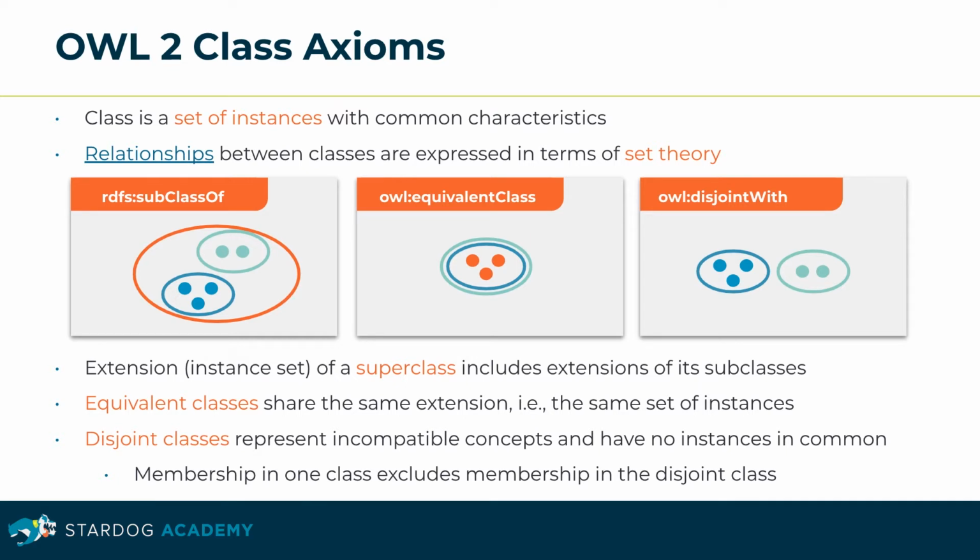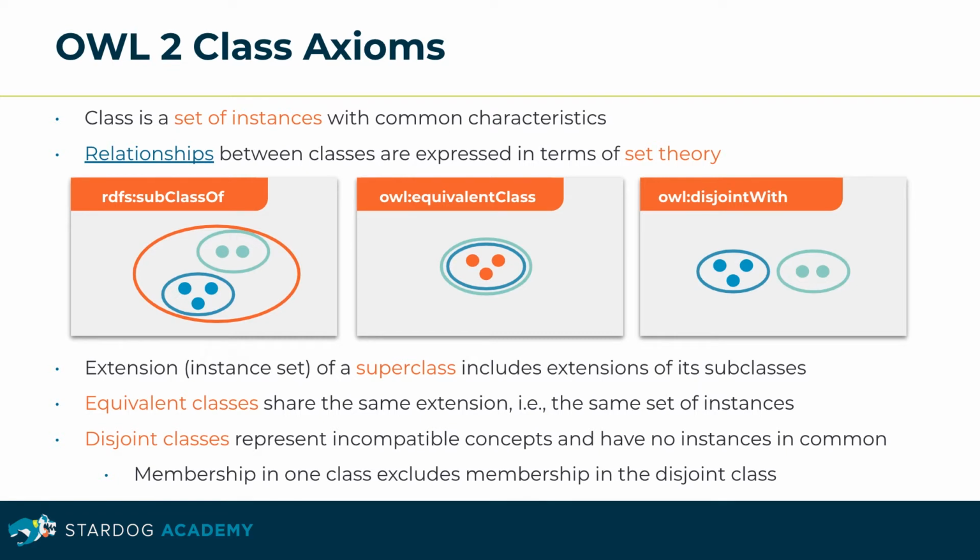In our music domain, the superclass artist, depicted as the orange set, splits up into the subclasses solo artist and band. Equivalent classes share the same extension as they refer to the same set of instances.